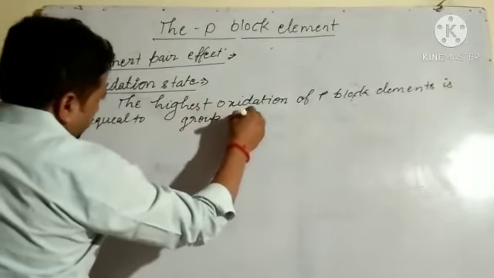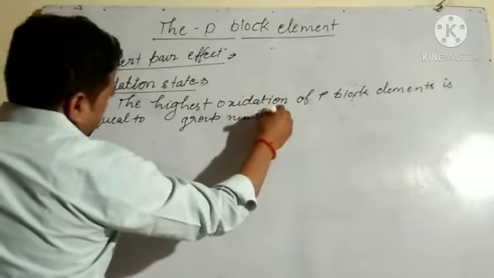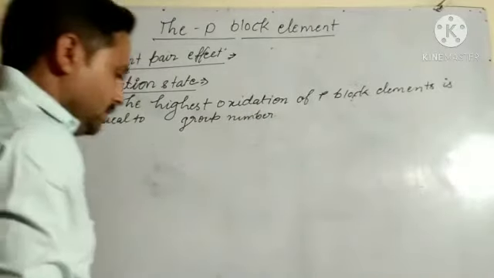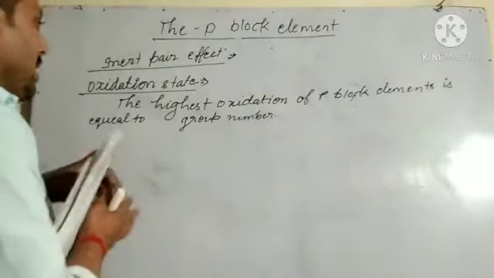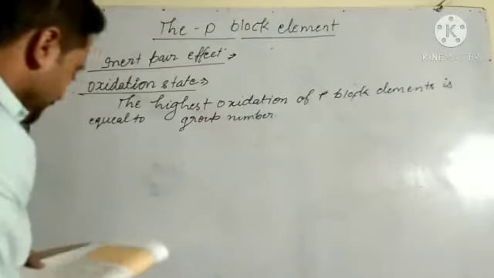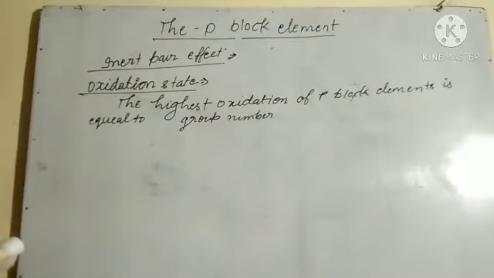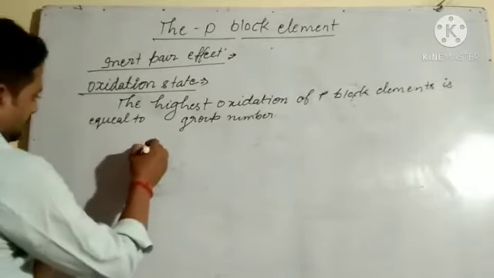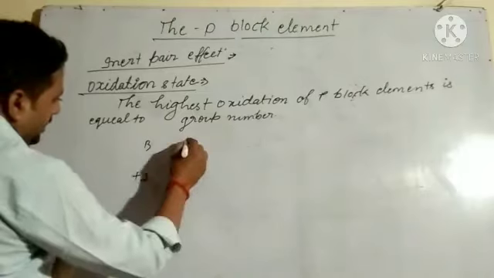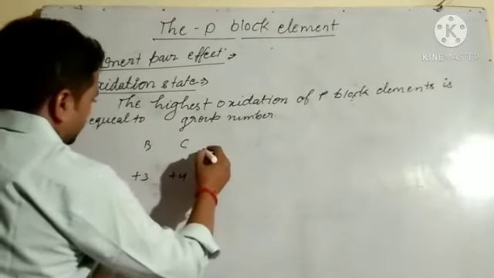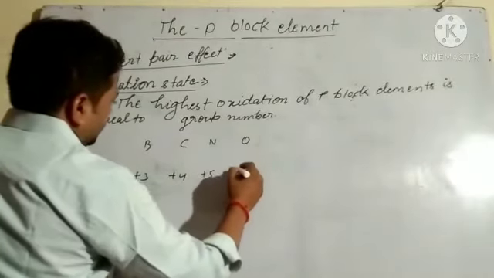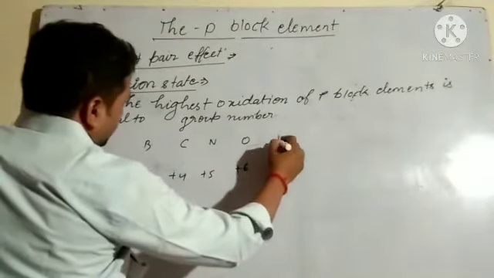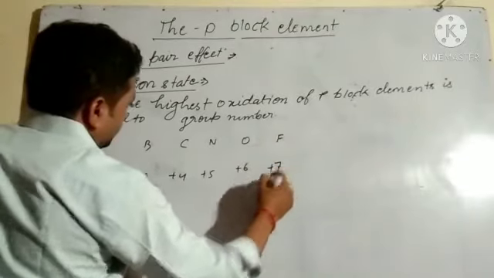Like boron +3, carbon +4, nitrogen +5, oxygen +6, fluorine +7, like this.